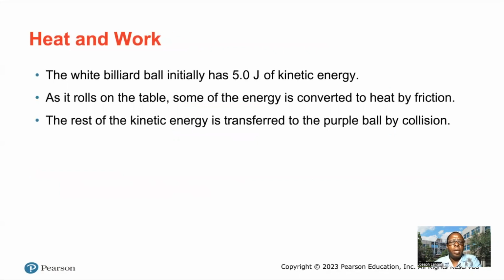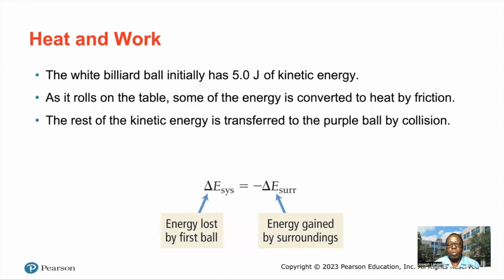There is a billiard ball illustration in the text, showing how the energy is transferred and how the energy is conserved. You can look more at that to understand how the change in internal energy of the system equals the negative of the surroundings' change.